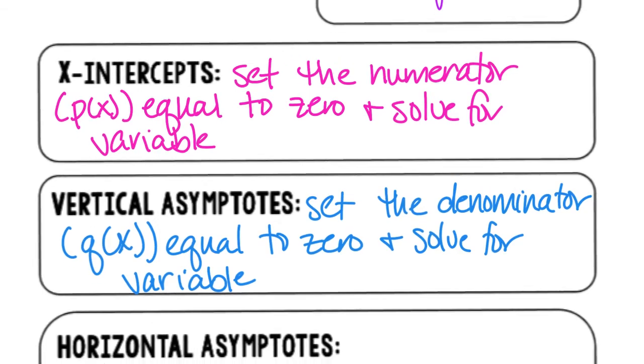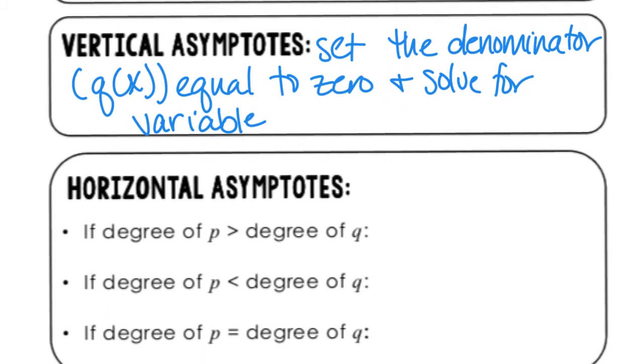Horizontal asymptotes, however, are a little bit more complicated. There are 3 different scenarios that can arise with horizontal asymptotes. The first one is if the degree of the numerator is greater than the degree of the denominator. Then we have the degree of the numerator is less than the degree of the denominator.